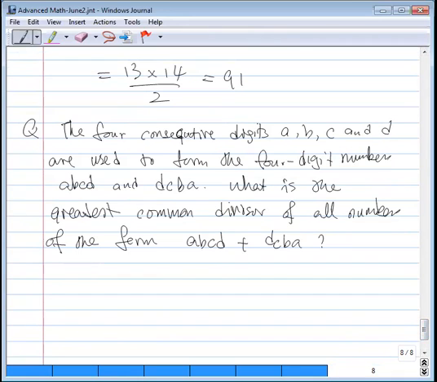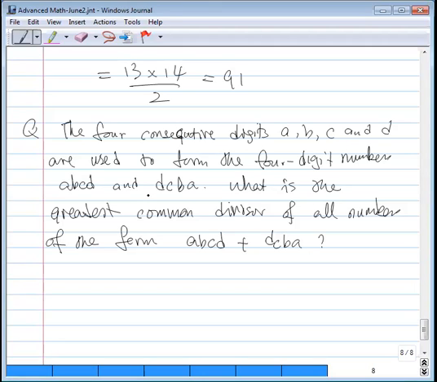Now, consecutive digits means they increase by 1. So that means if A is n, B is n plus 1, C is n plus 2, D is n plus 3.